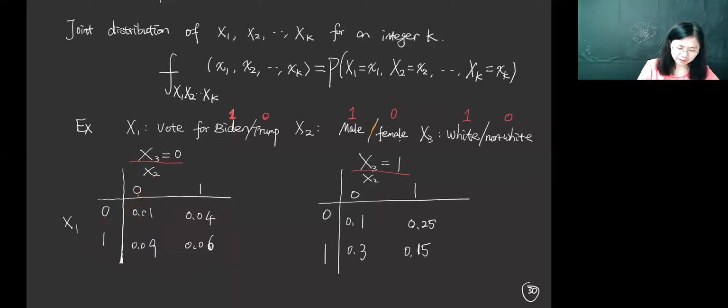And similarly, this 0.25 cell is the joint probability of x1 equals 0, x2 equals 1, and x3 equals 1. So that's how you might describe the joint probability mass function for three random variables.